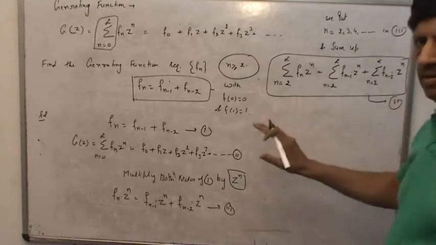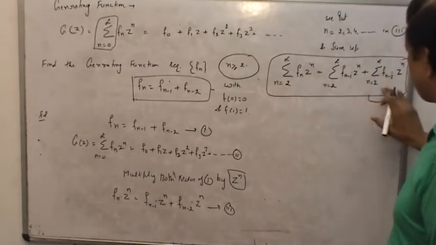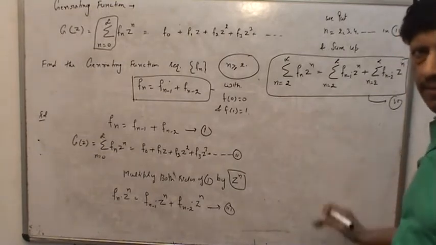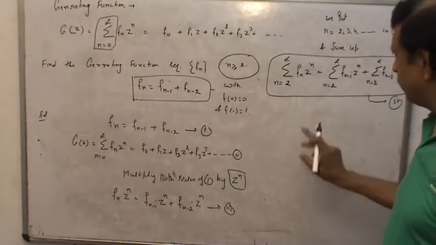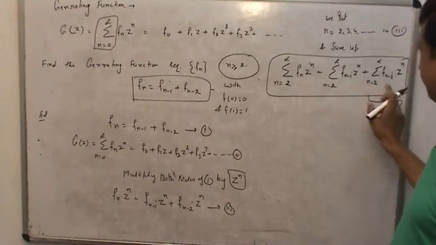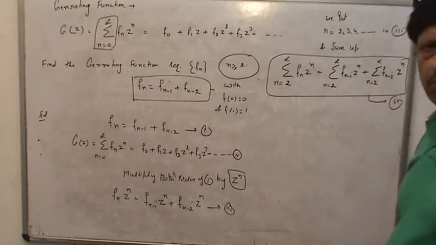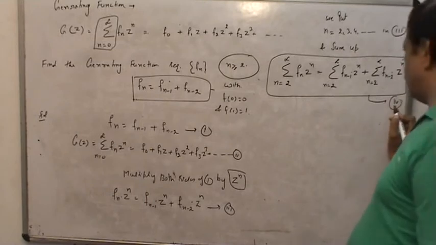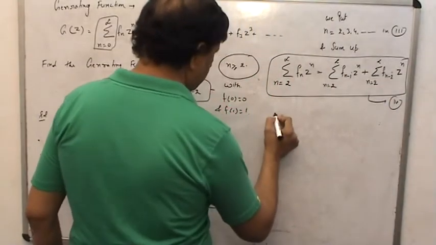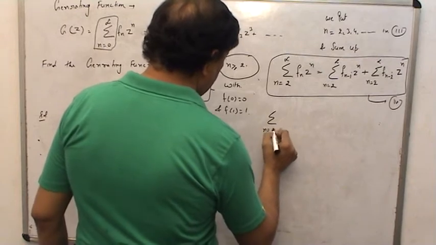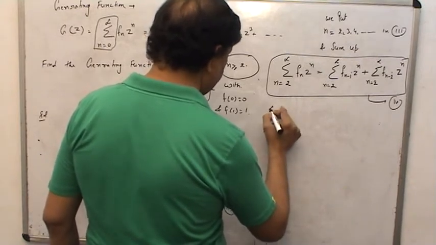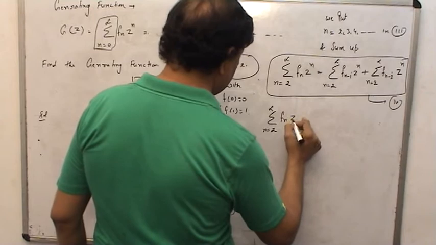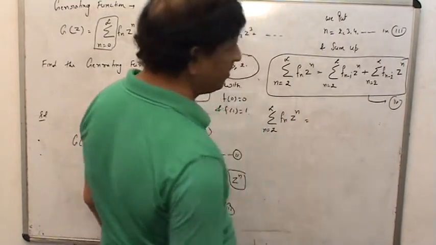So we can calculate this whole relation simultaneously, or we can calculate each term separately, then put it in number 4 or by summing up. So we take the first term, sigma n varies from 2 to infinity f_n z^n. What does it mean?